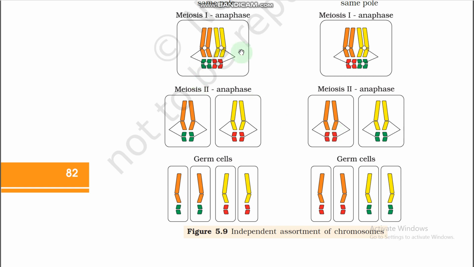Here also the same, right? Whenever chromosomes occur in pairs, they separate and reach independently to all the cells, right? So 4 daughter cells are formed, and the chromosomes are also in haploid condition here. You understood or not? There is no diploid stage here.